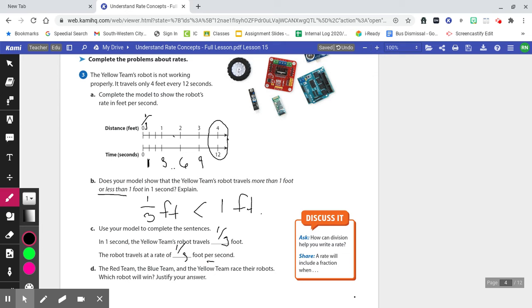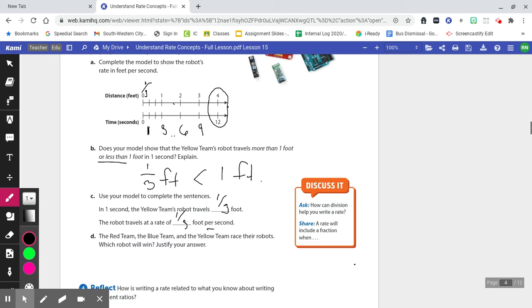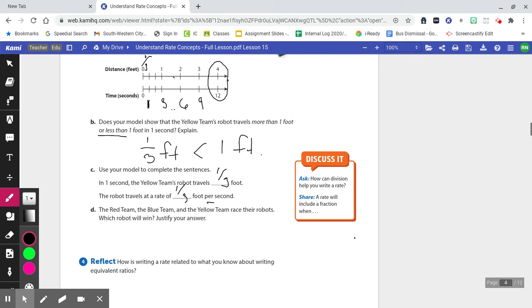So part D, the red team, the blue team, and the yellow team race the robots. Which robot will win? And justify your answer. So why don't you write your answer down? And you should have said that the blue team is the winner. And why?